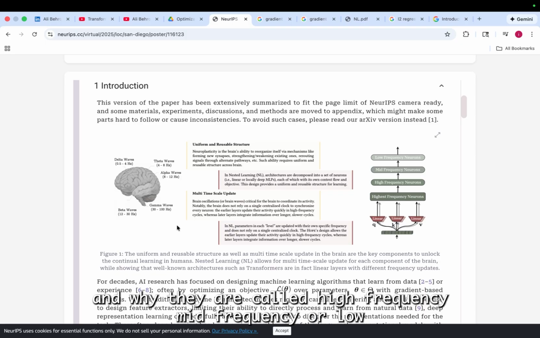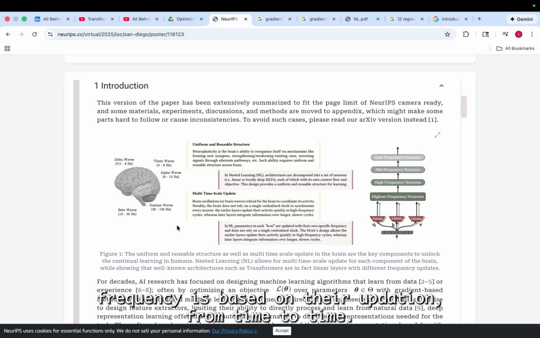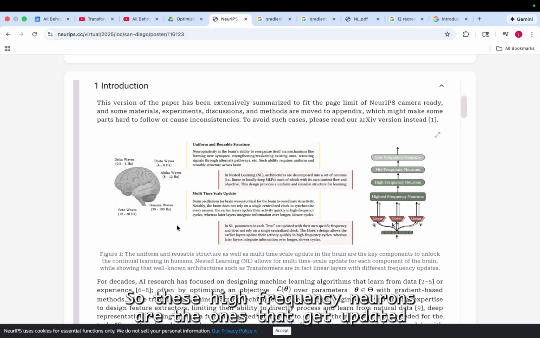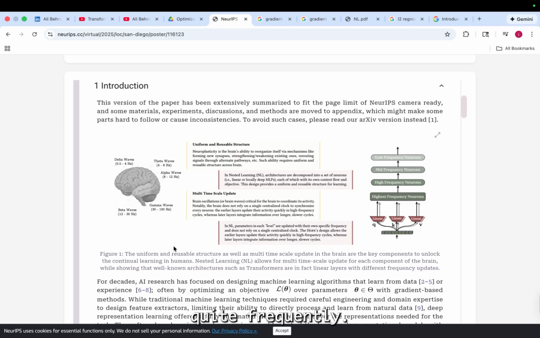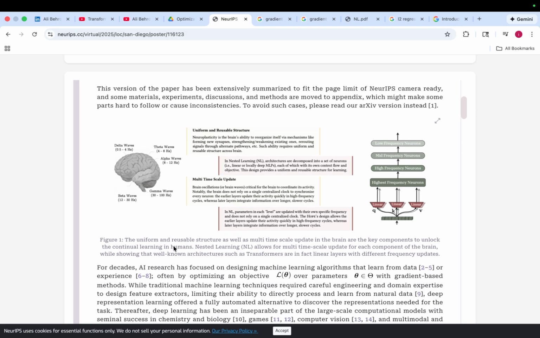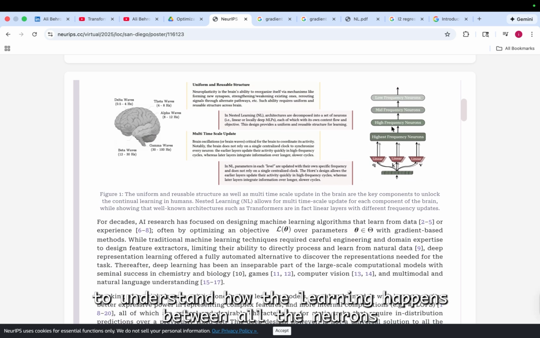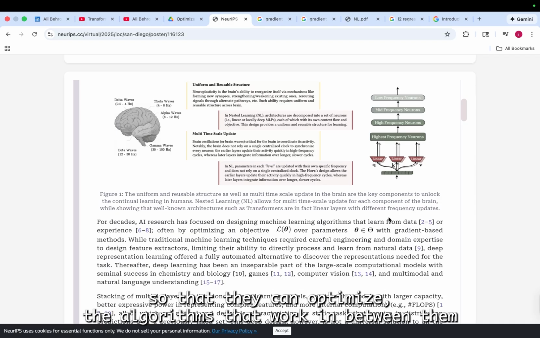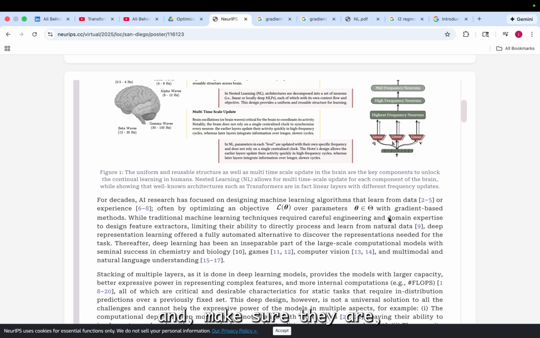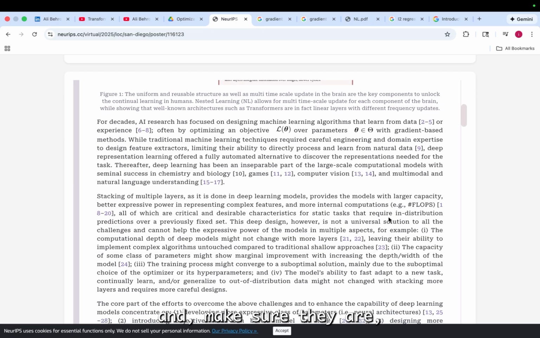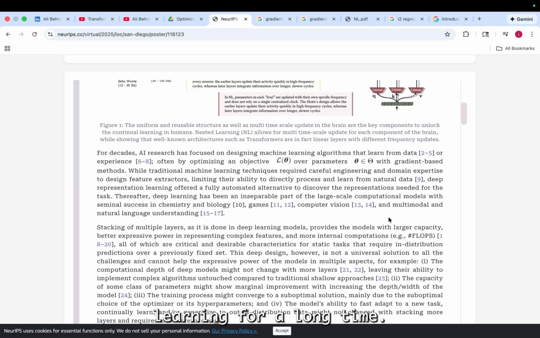They are called high, mid, and low frequency based on how often they are updated. The high frequency neurons get updated quite frequently, whereas the low frequency neurons are much less active and much less updated. They wanted to understand how the learning happens between all the neurons so that they can optimize the algorithms that work in between them and make sure they keep learning for a long time.